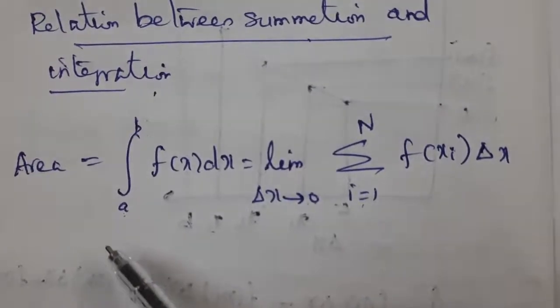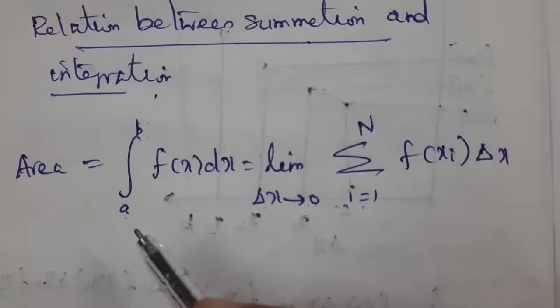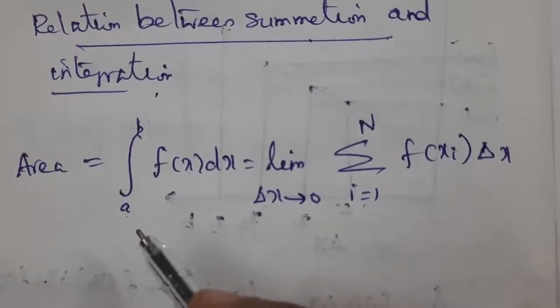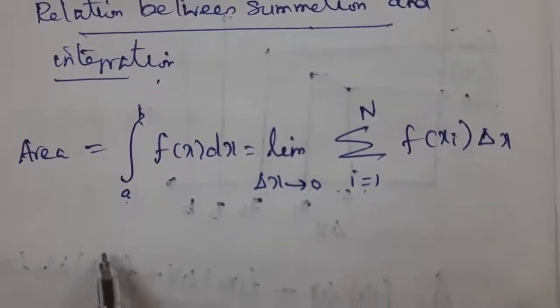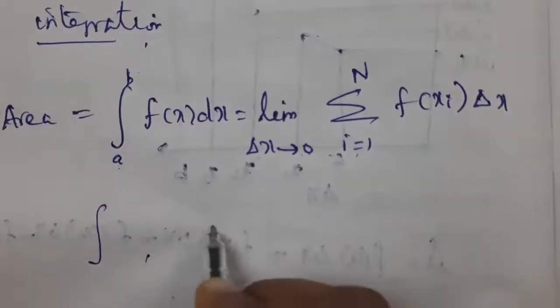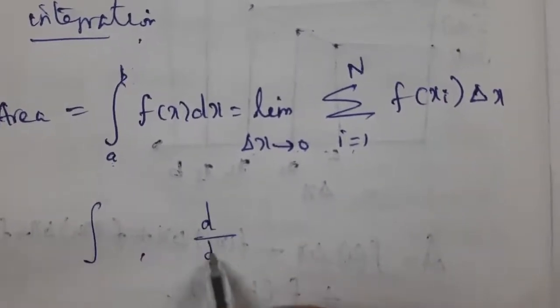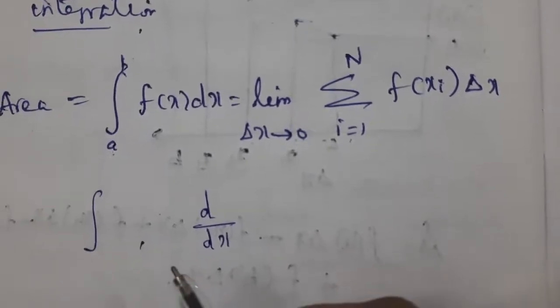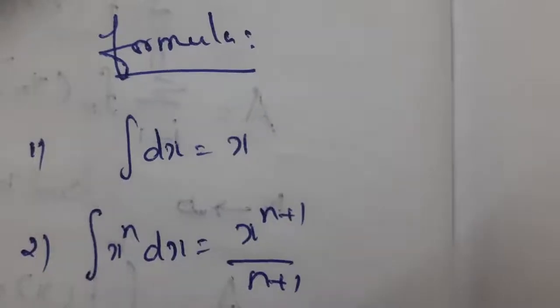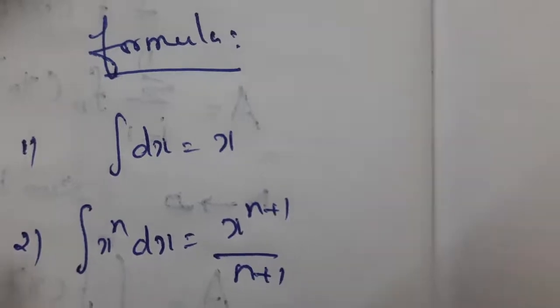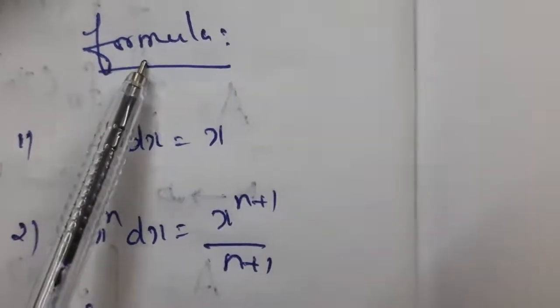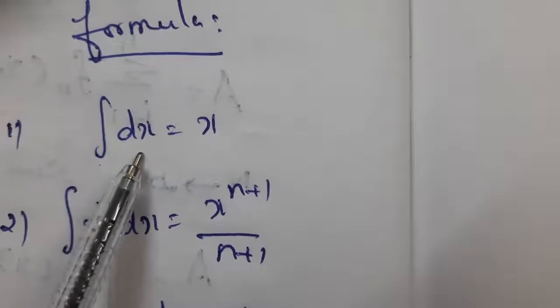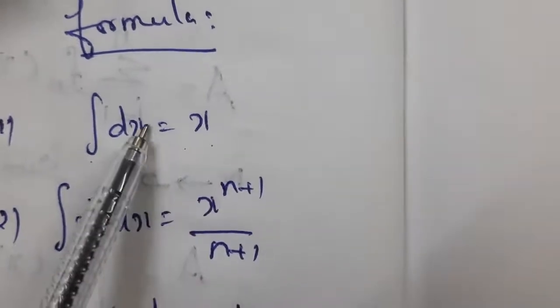Here you have to learn some formulas from integration. Anyway, you should know that integration means this symbol, differentiation means d by dx. Let's see the important formulas in integration.